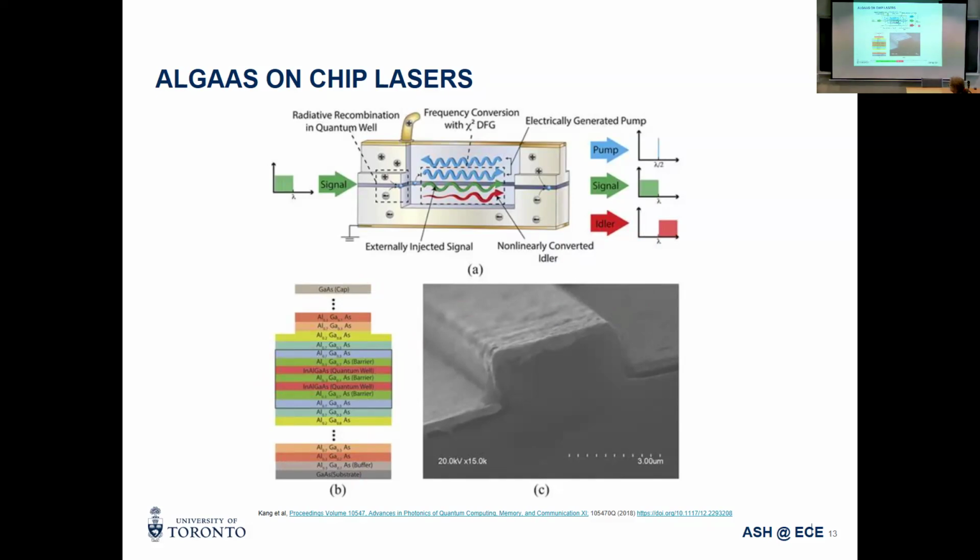We pump it with the current, and we have to use about 100 milliamps, and we've gone all the way up to 500 milliamps. We do get lasing, we do get pair generation out of this, and we get recombination, the reverse process, and we get lasing out. The signal has to be weak, but we still do see both DFG and SPDC with these on-chip lasing sources.